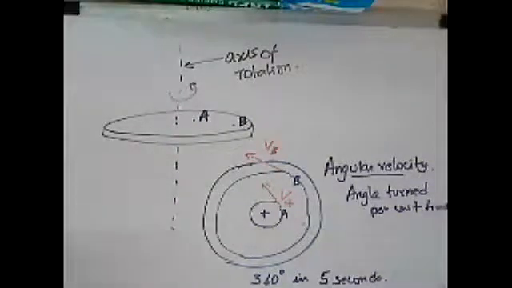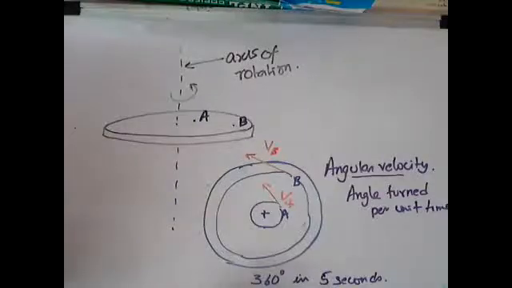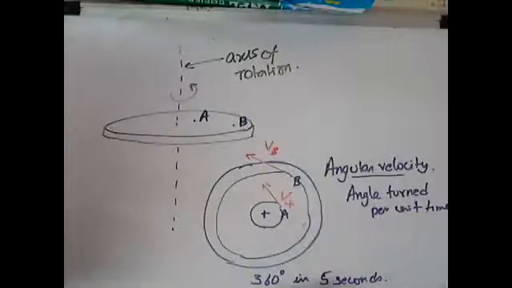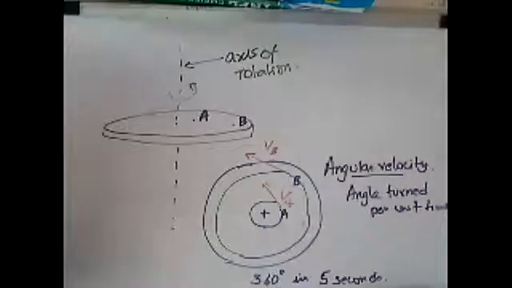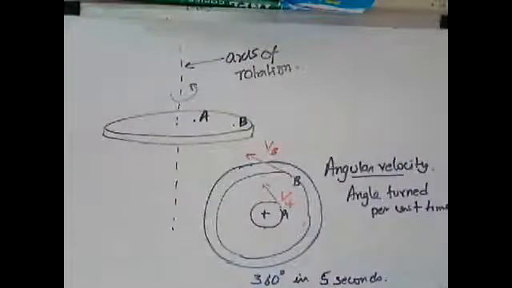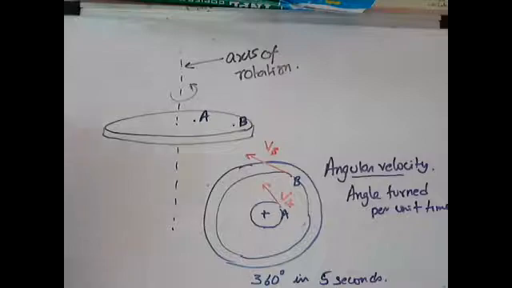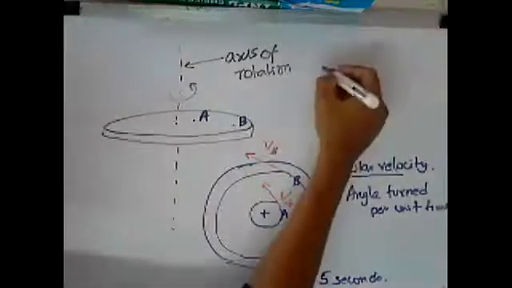So therefore we can say that both objects turn through 72 degrees per second. And since point A and point B are both part of the same disk that is rotating, they will have the same angular velocity.